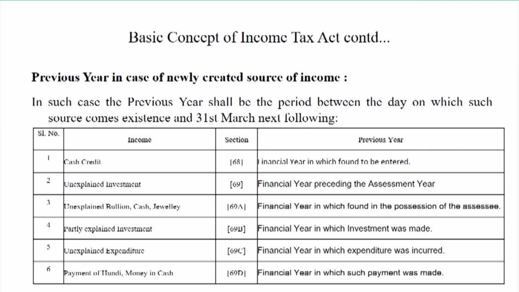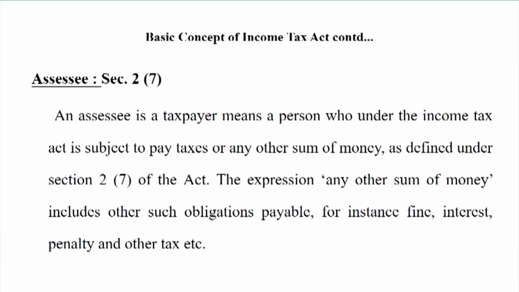Unexplained expenditure: when it is explained, from the date of explanation to 31st March, it will be treated as a previous year. Payment of hundi money in cash: when the payment is made, it will be treated as a previous year in case of the hundi money in cash.